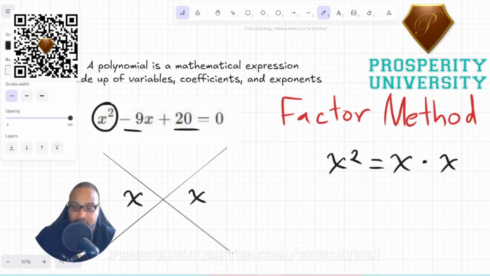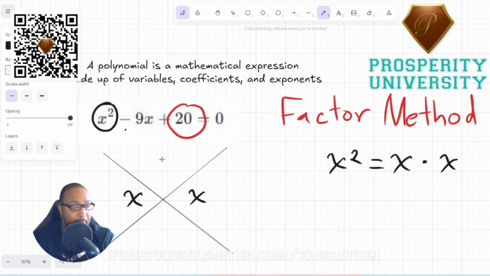We need to think of two numbers that multiply to make 20, but also add to make negative 9.